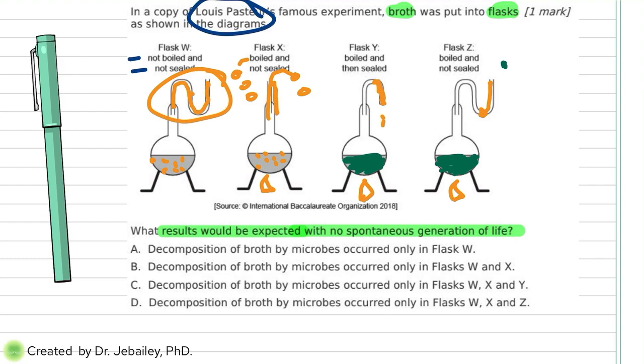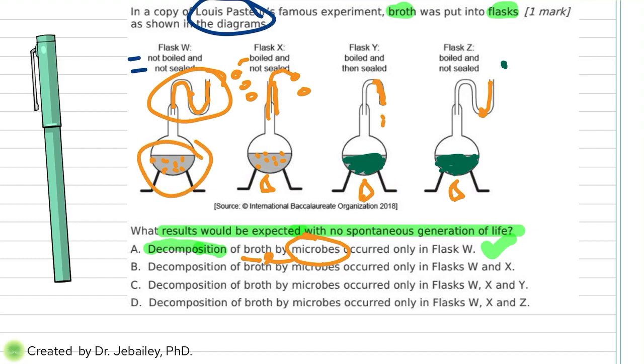So we have A: decomposition of broth by microbes occurred only in flask W. When we say decomposition of broth, we're talking about having the microbes. Where is it? Oh, right here, see? The microbes are eating the broth, so they're decomposing the broth.